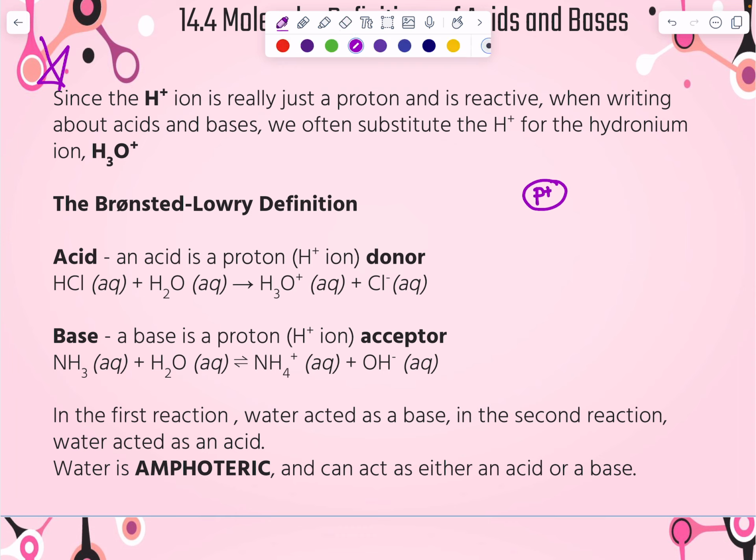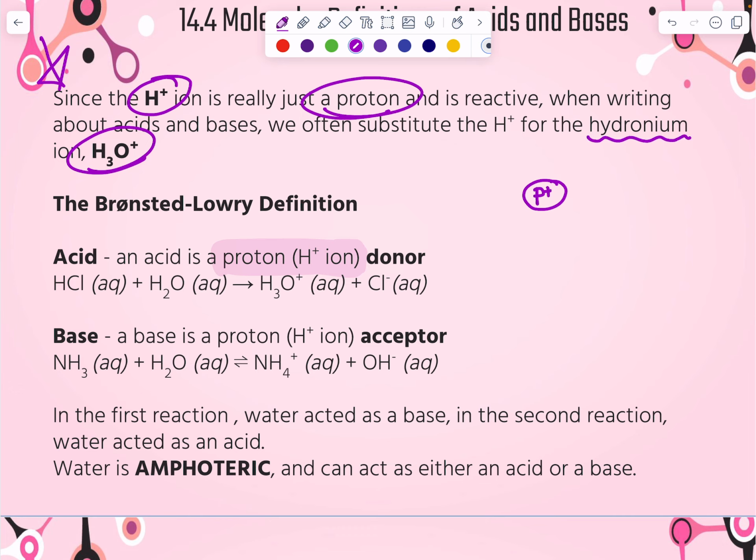So really, isn't an H plus ion the exact same thing as a proton? And so we will use those two words interchangeably. You can see it right down here: proton, H plus ion. We're going to use those words interchangeably. You may also hear us use the hydronium ion as a synonym.